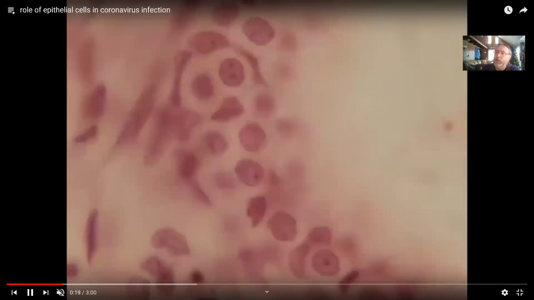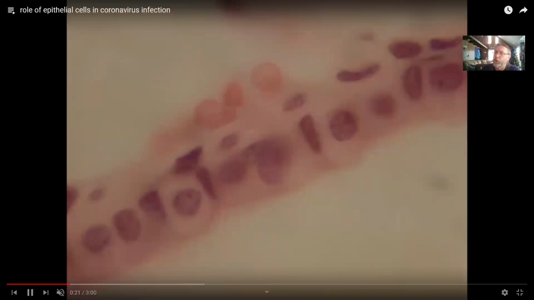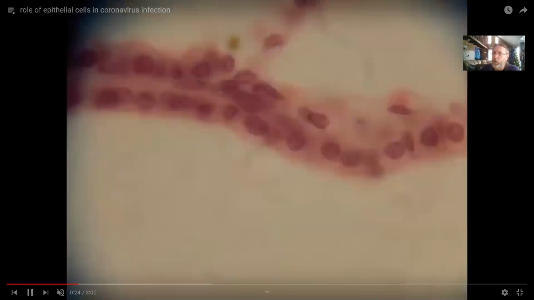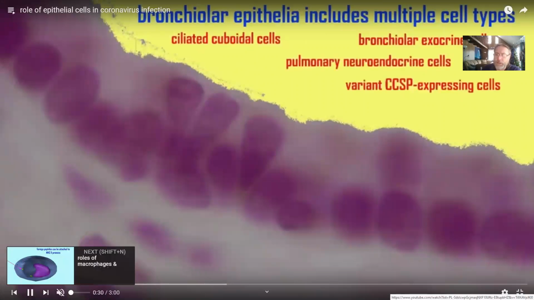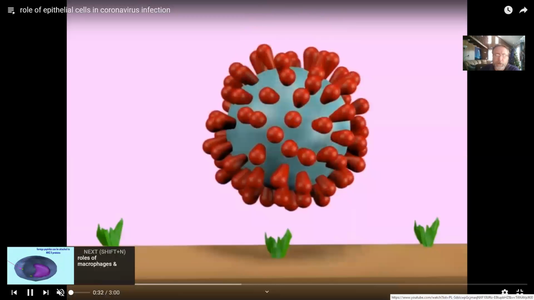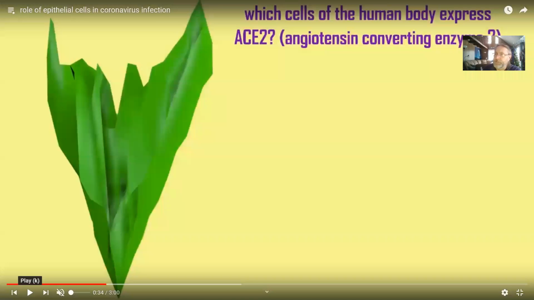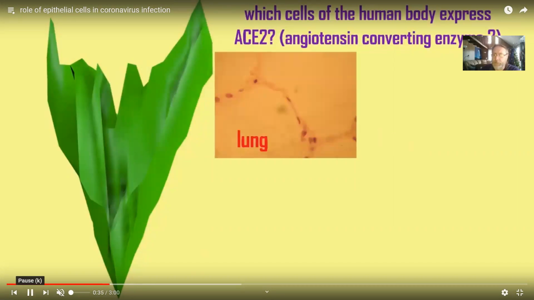And so any cells in the body, and there are many, which produce the protein known as the ACE2 receptor, are capable then of allowing coronavirus to enter them. That receptor is here in green.